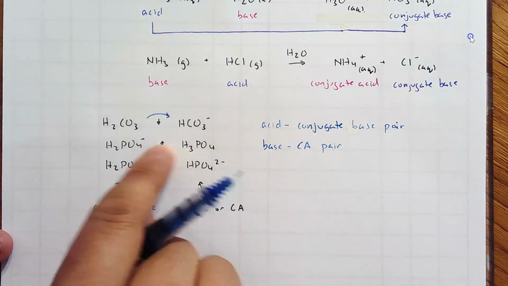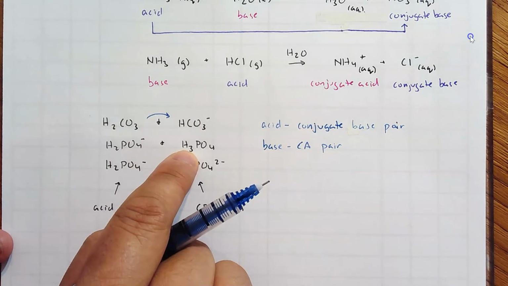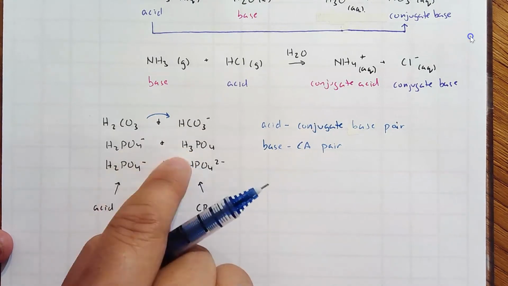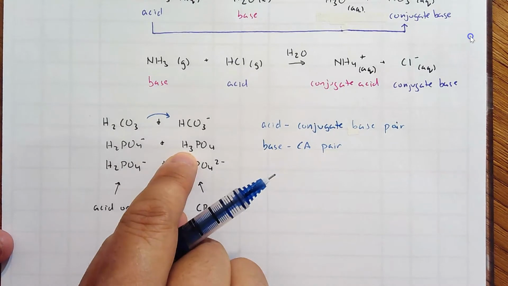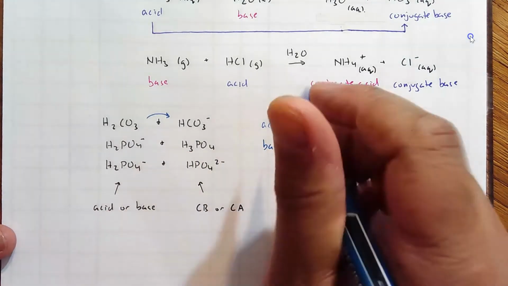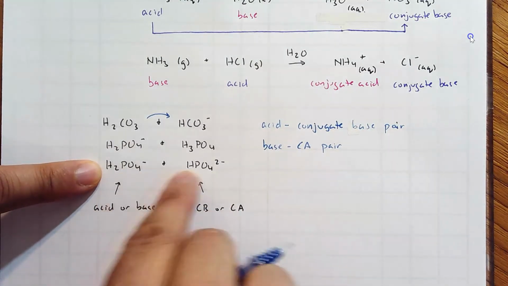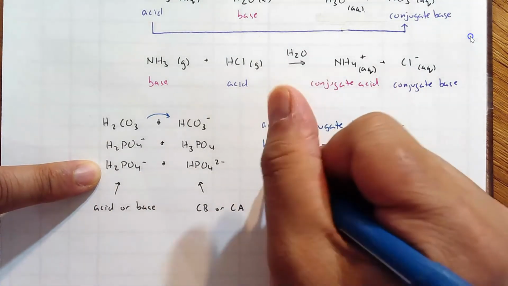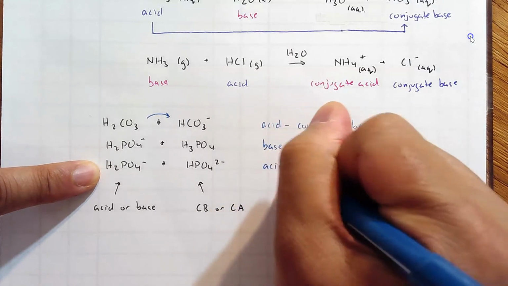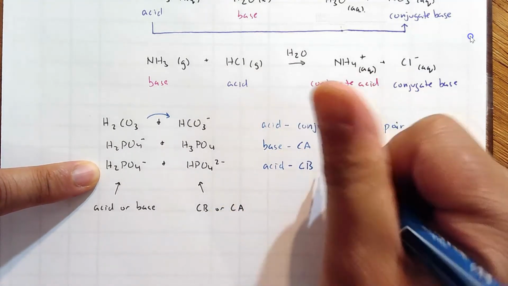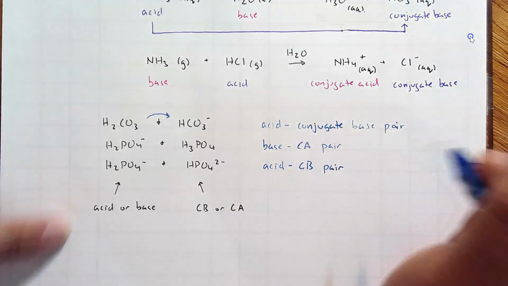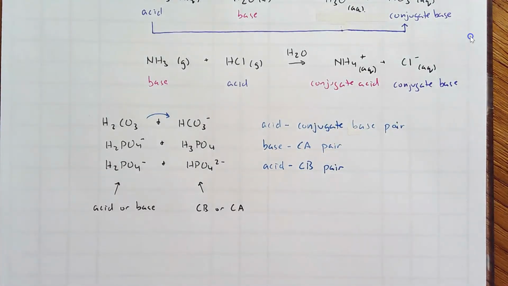Well, to get back to the original, does it have to lose a proton or accept a proton? It has to lose a proton, so it acts like the acid. This one, we have now not a base because it loses a proton. It donates a proton. So we start out with the acid, and we create the conjugate base, and that's the pairing. Okay? That is conjugate acid and conjugate base pairs.